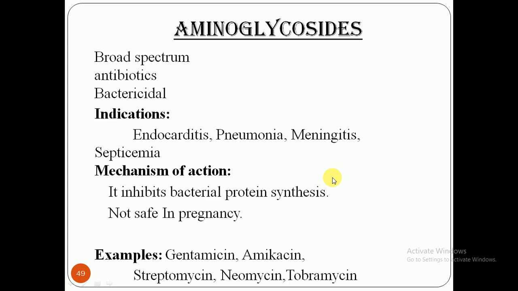Clinical indications of aminoglycosides. This group of antibiotics is used in a variety of infections like endocarditis, pneumonia, meningitis, septicemia, and many more infections.